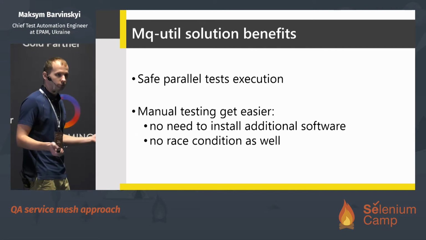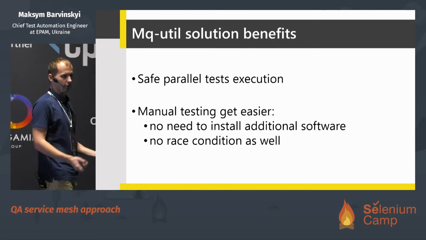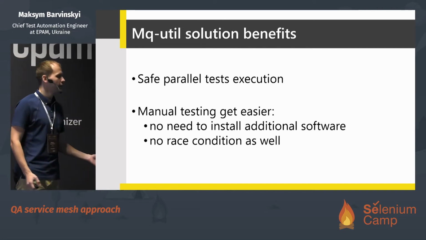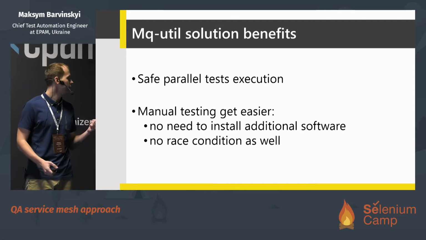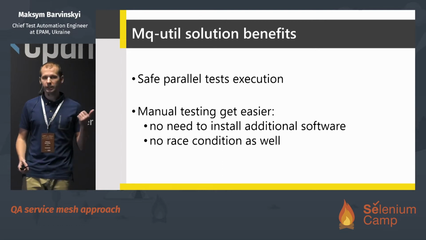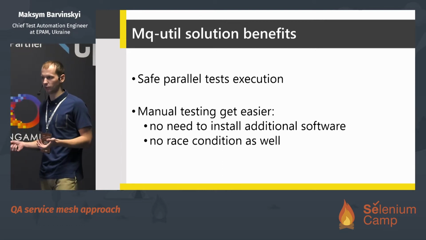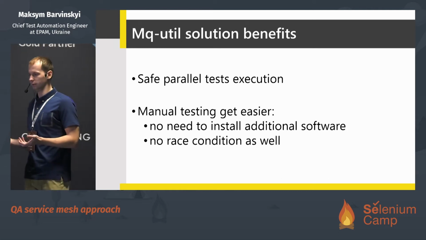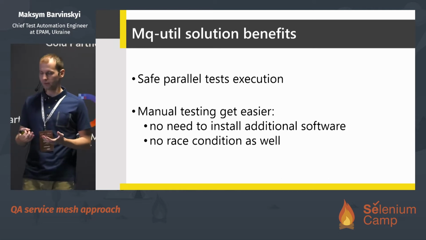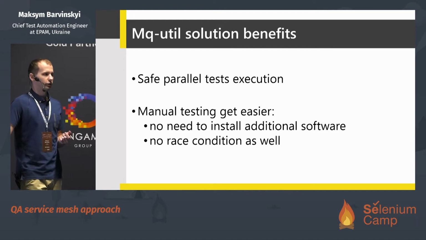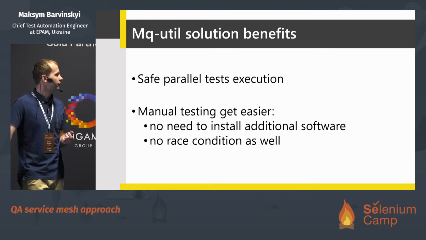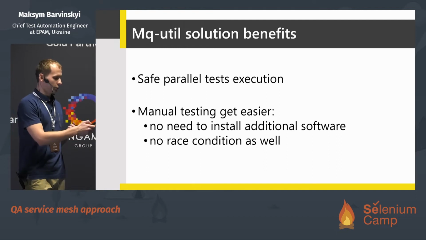Benefits are quite obvious. We can run our tests in parallel now. And also, it made life easier for manual testing. We don't need any additional software for manually testing message queues, and there is no race condition for them as well, because as you understand, it would also be a problem.